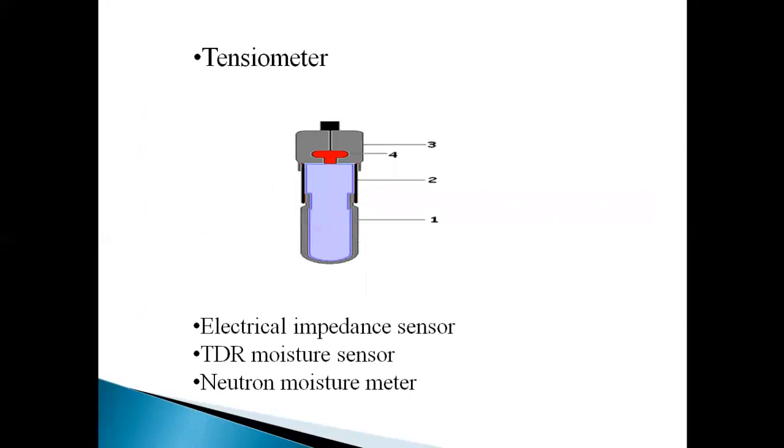Now, tensiometer. What is the meaning of tensiometer and how does it measure the soil moisture content? A tensiometer in soil science is a measuring instrument used to determine the water potential or the soil moisture tension. This device typically consists of a glass or plastic tube with a porous ceramic cap and is filled with water.